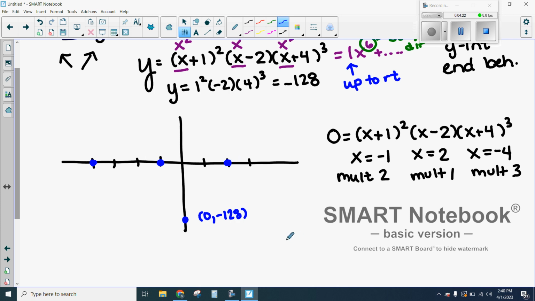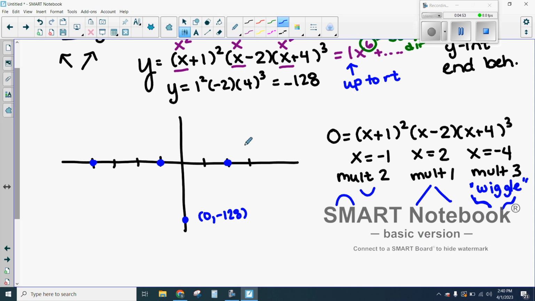Okay, but the multiplicities tell me what happens when I get there, whether I'm going to cut straight through it, whether I'm going to bounce off of it, or whether I'm going to wiggle. Okay, multiplicity 3, and that's the official word your book uses, it's going to wiggle. Wiggle means it kind of gets flatter, not quite that flat probably, but as it comes down, it kind of flattens out. Different from multiplicity 1, where we cut straight through, or multiplicity 2, where we just bounce off.